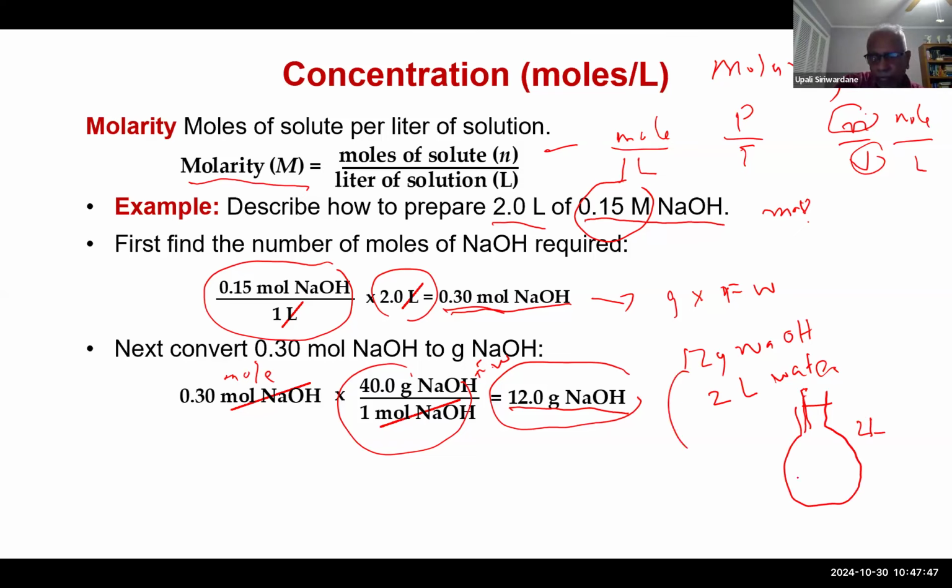You add 12 grams of sodium hydroxide and fill it up to the 2-liter mark and shake it. You get the solution. That's how you prepare a solution with any molarity.